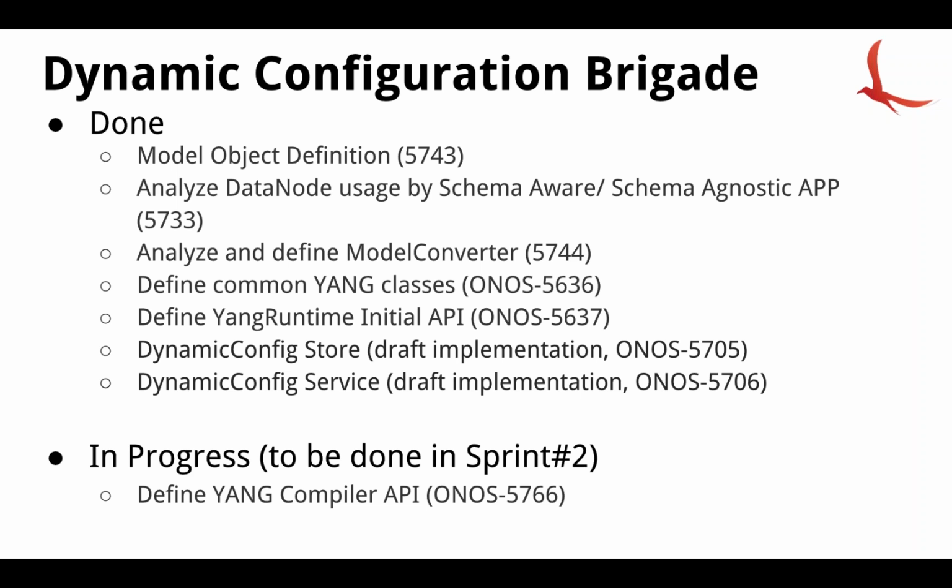Some of the implementations and APIs are available. Some are still in progress. We have also created draft implementations for the dynamic config store and the service. All of this need not be thrown away. Some can be retained, but they will undergo heavy changes after the model implementations are available.